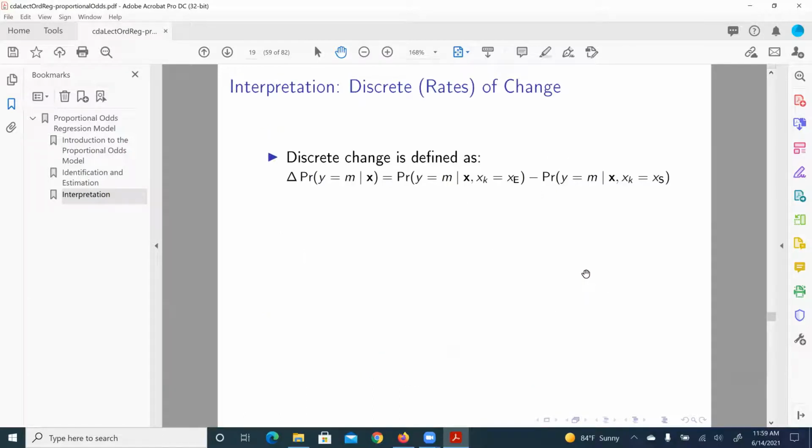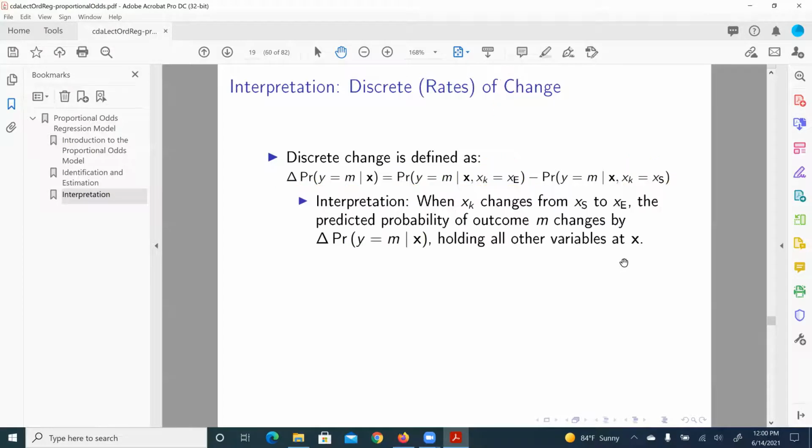Next, discrete change. Discrete change is defined as a difference of two probabilities. Here is where the vector x ends, and here is where xk, a particular covariate, starts.